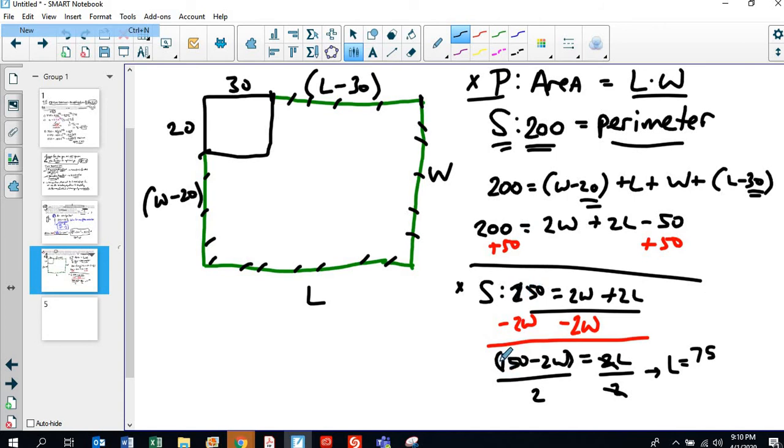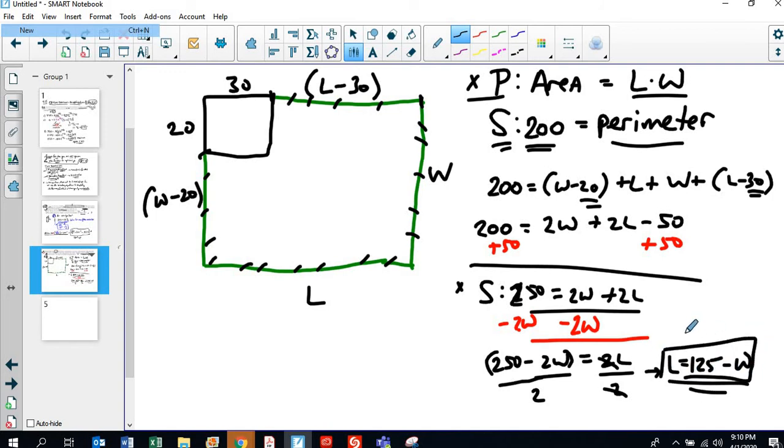Golly, 250. Glad I caught that. That's too big. All right, so this is 250, not 150. If we divide both pieces here by 2, we get 125 minus W.